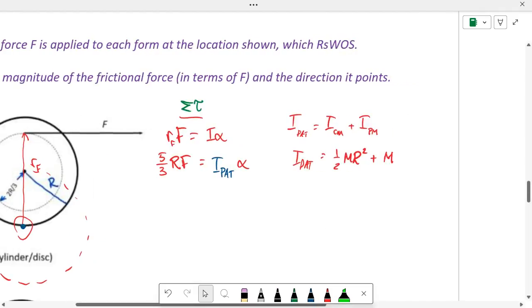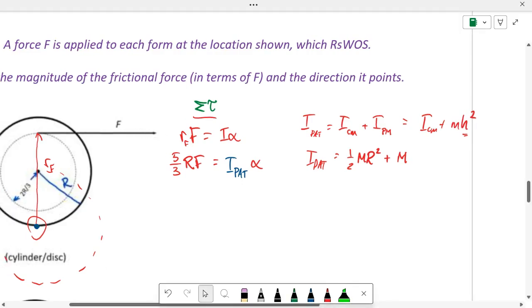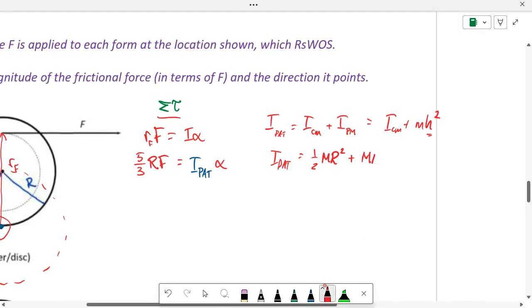how you see this typically in the text is ICM plus m h squared, where h is the distance between the center of mass and the chosen axis of rotation. In this case, that is R. So our I pat is 3/2 MR squared.